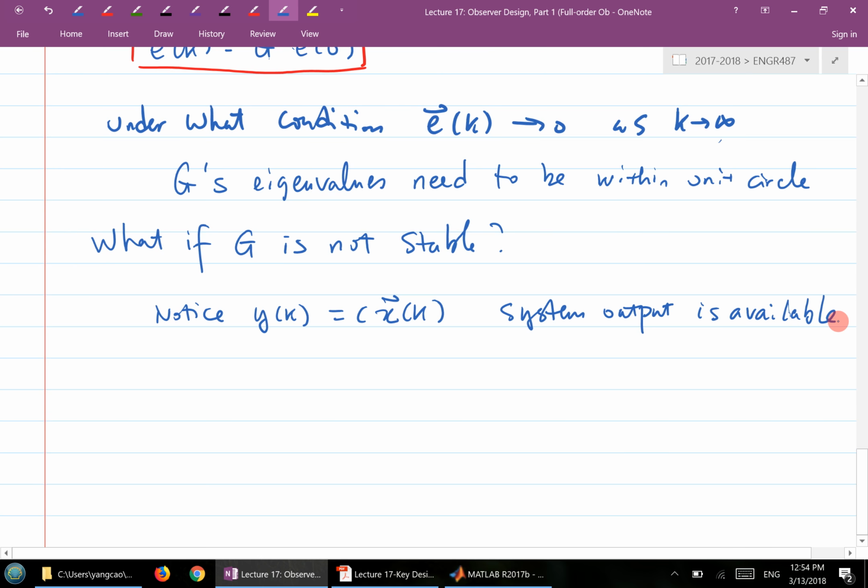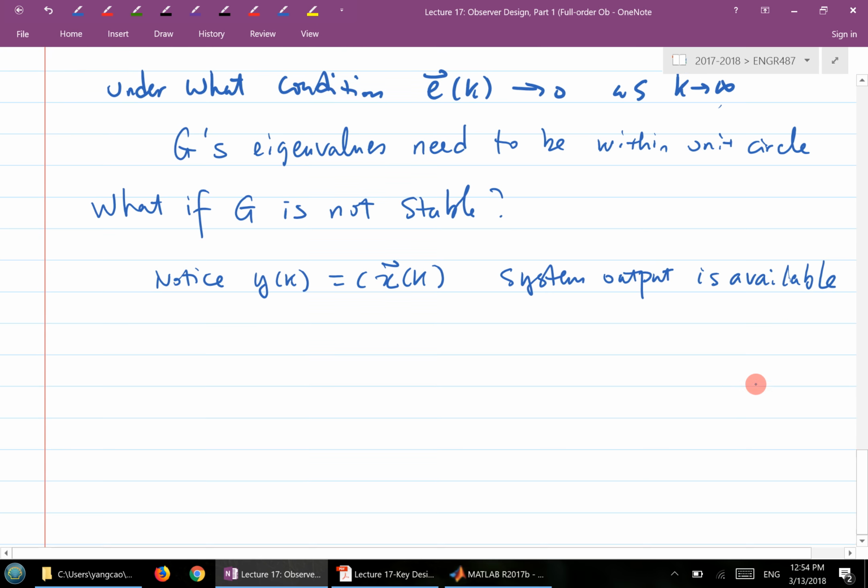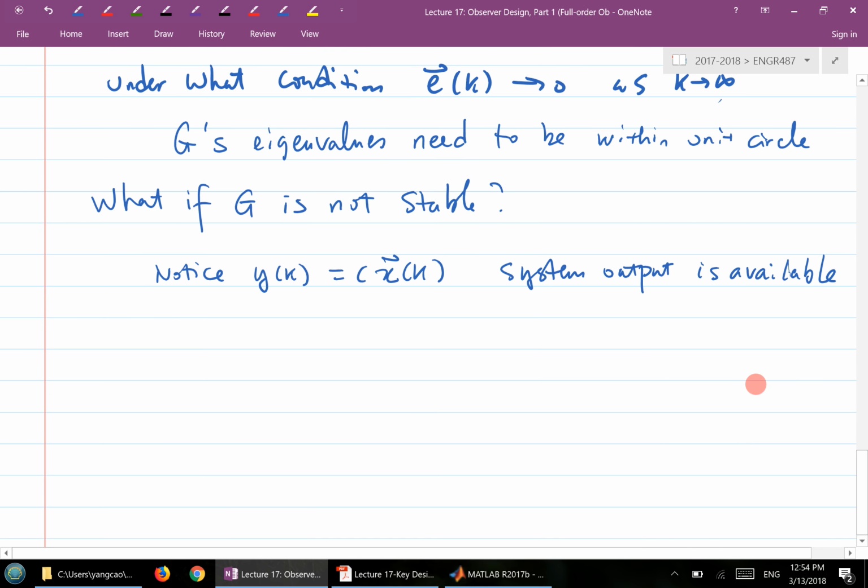This is a fact: when you have a sensor, you can take certain output out of the system. So now we are going to modify the observer model.